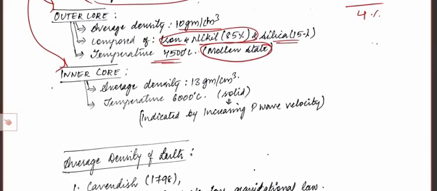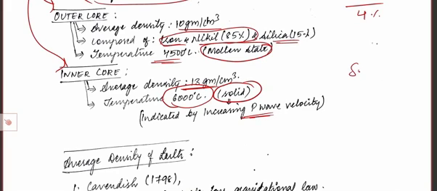The inner core is solid, having an average density of 13 grams per centimeter cube. Temperature is around 6000 degrees Celsius. Even at 6000 degrees Celsius it is solid in nature, indicated by increasing P waves.